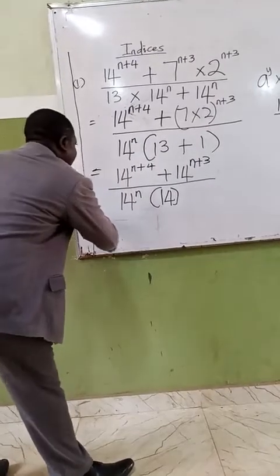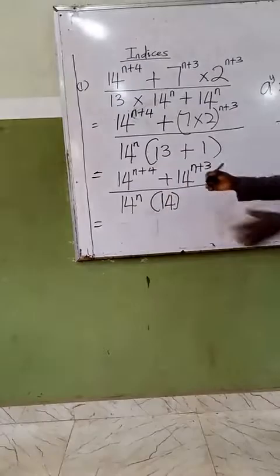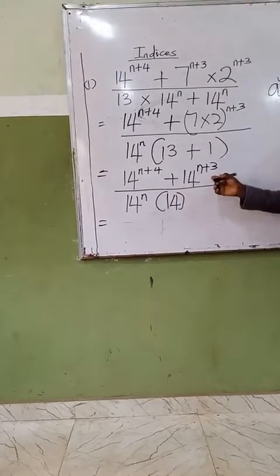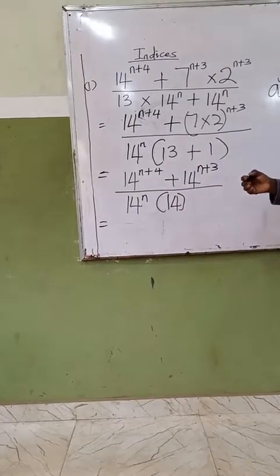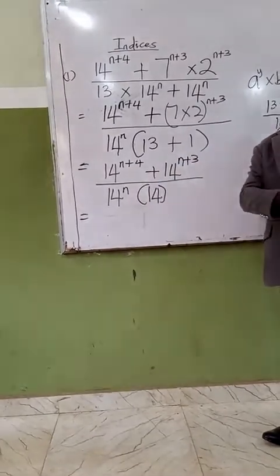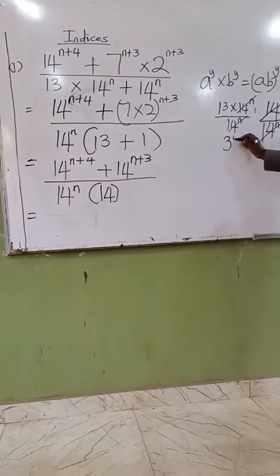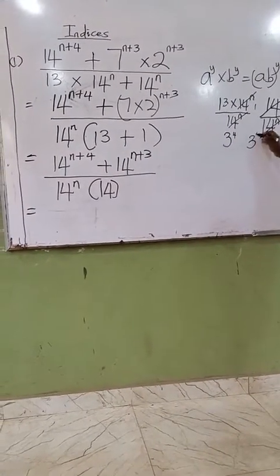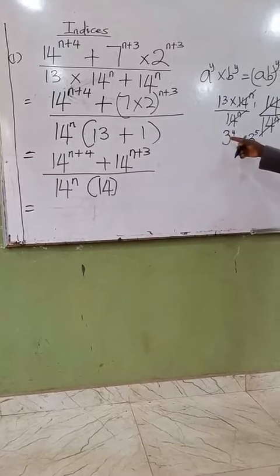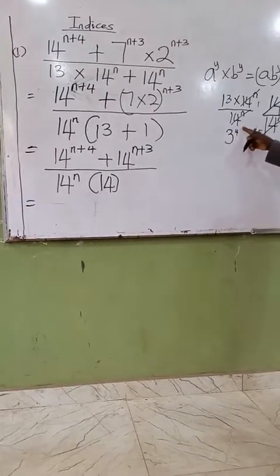Now, do we have a common factor here? Yes, there is a common factor. Before I state the common factor, I want to show you this pattern. If you have 3 raised to power 4 and 3 raised to power 5, the highest common factor of these two expressions is 3 raised to power 4.